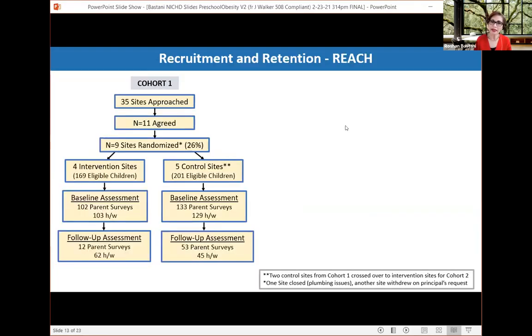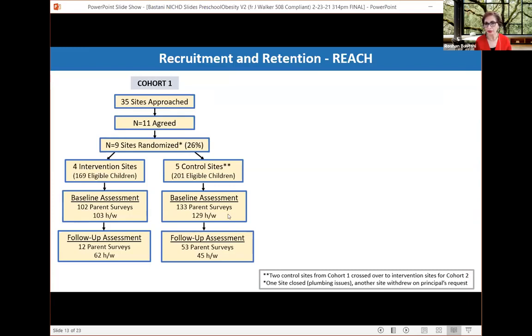So this is a quick overview of recruitment and retention, and it is a measure of reach as well. In the first cohort, we approached 35 preschools and 11 agreed to participate, which is a 26% acceptance rate. So the reach is not huge. Because of the late start and so on, small numbers: 4 intervention, 5 control sites.